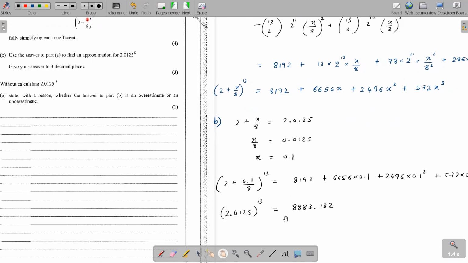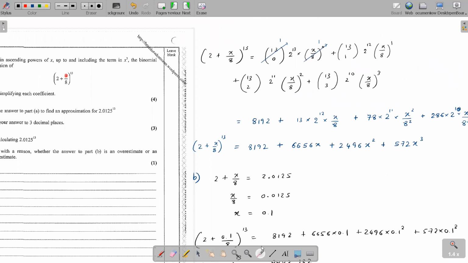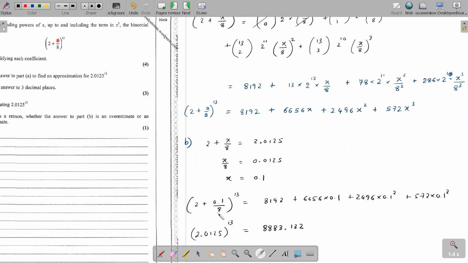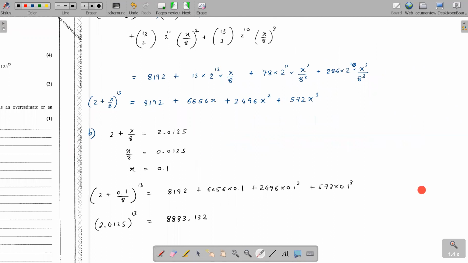Now, we all know here that when we do this binomial expansion, to get the exact value of 2.0125 to the power 13, I fully need to expand and get all the terms, because this doesn't end from here, does it?